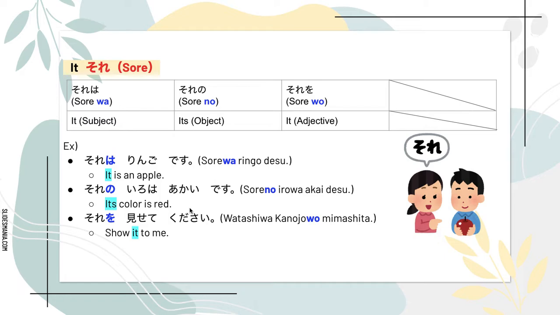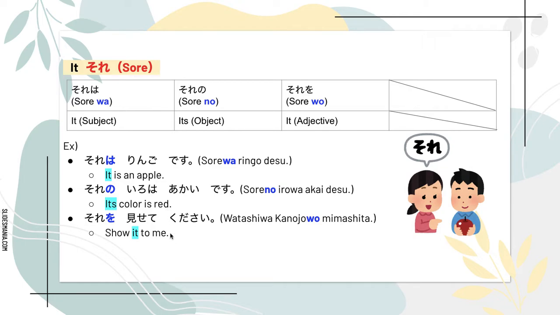The next one is "its color is red." It is object, so it'll be それの色は赤いです。 色 in English is color, and 赤 means red.